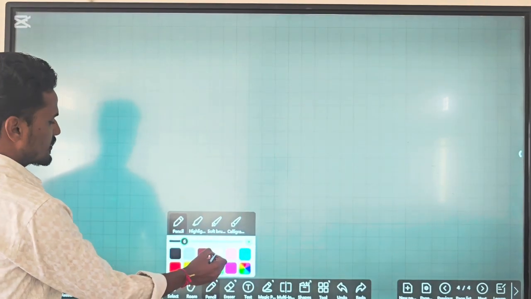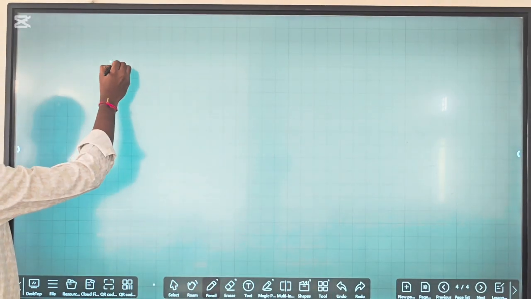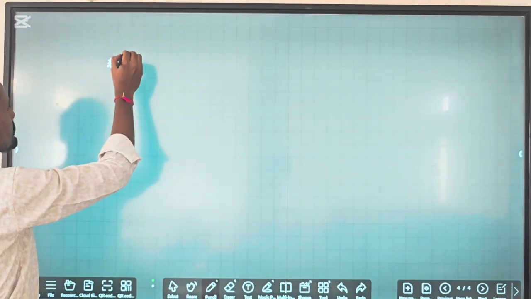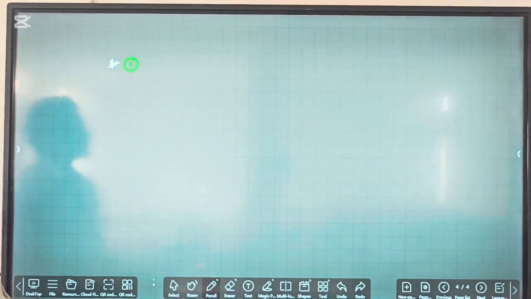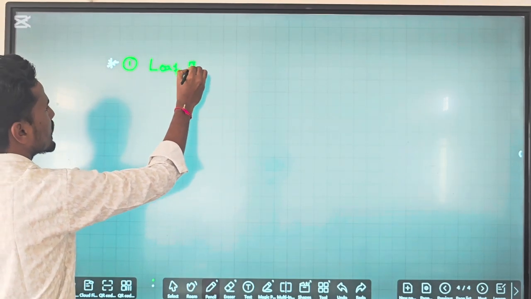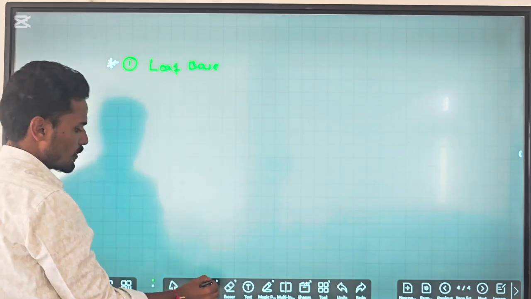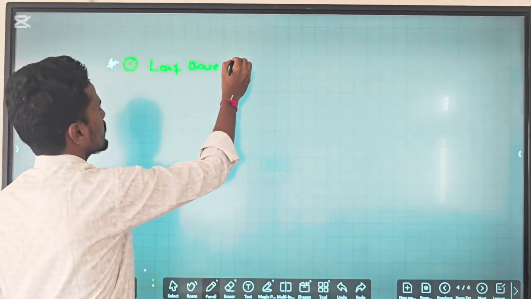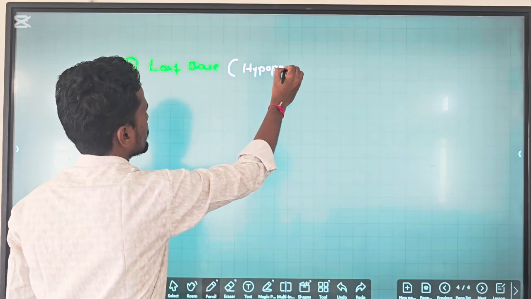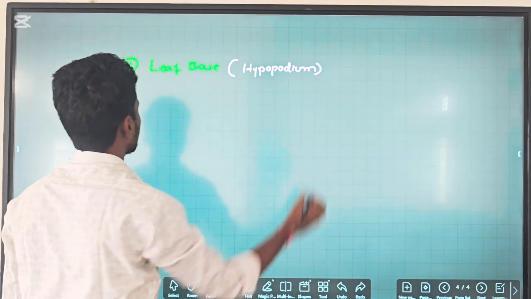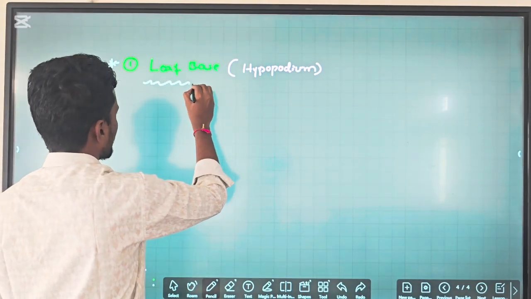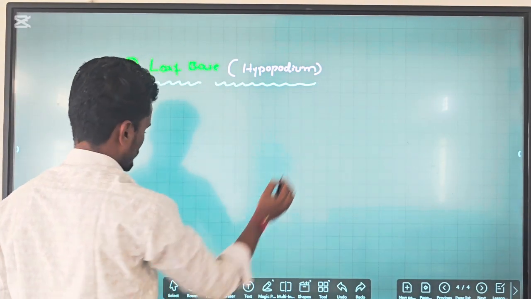See here, the first important portion of a leaf is called the leaf base, or in botanical terminology, the hypopodium. So let's start with understanding the leaf base.